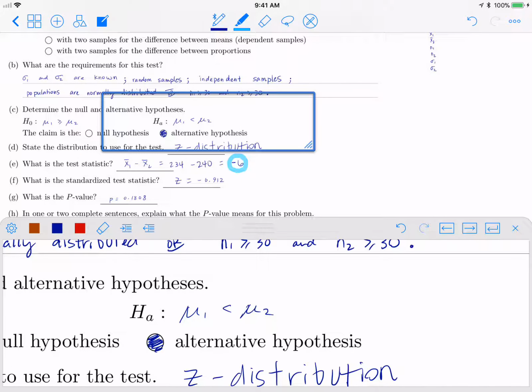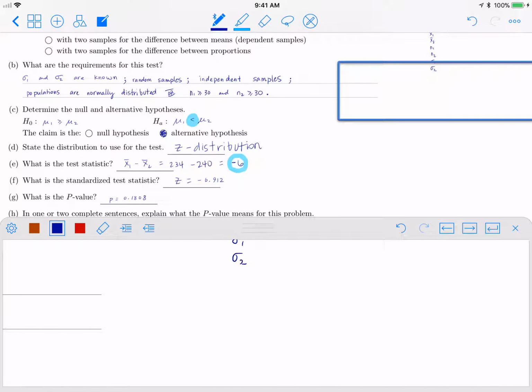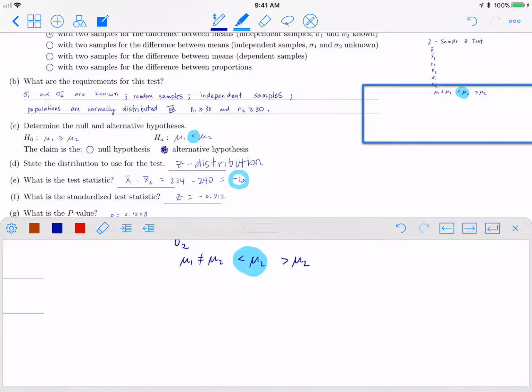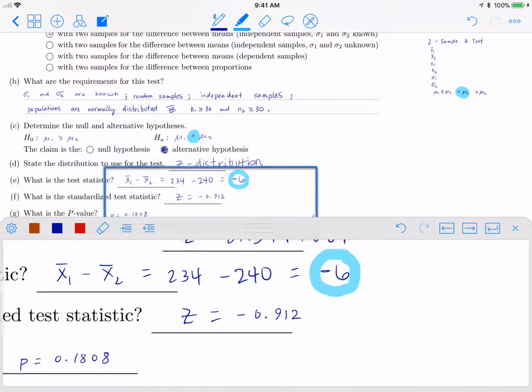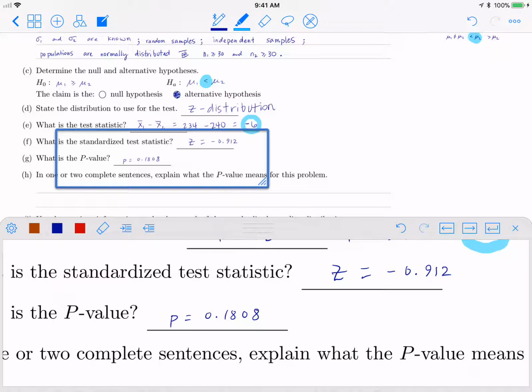So you look at your alternative hypothesis and select the option with less than. There should be some screen with mu1 equal to, not equal to mu2, less than mu2, greater than mu2, and you want to select the less than option. Part of the output will be your standardized test statistic.